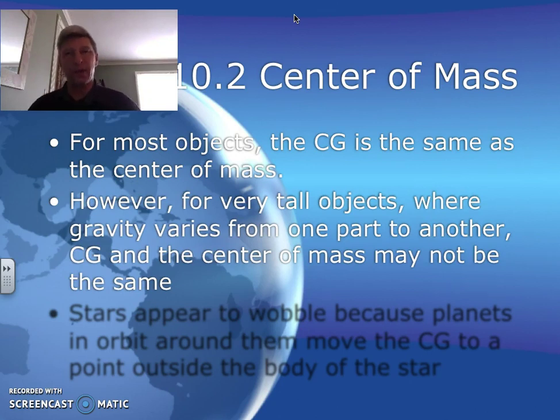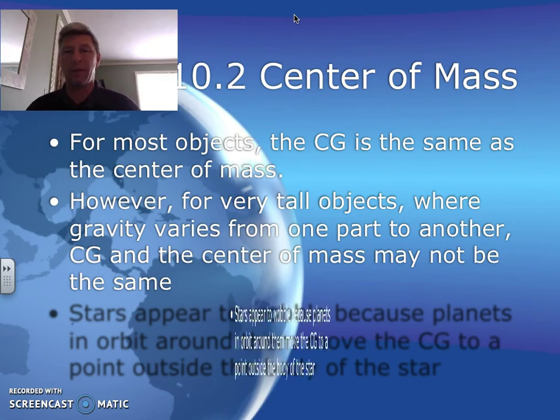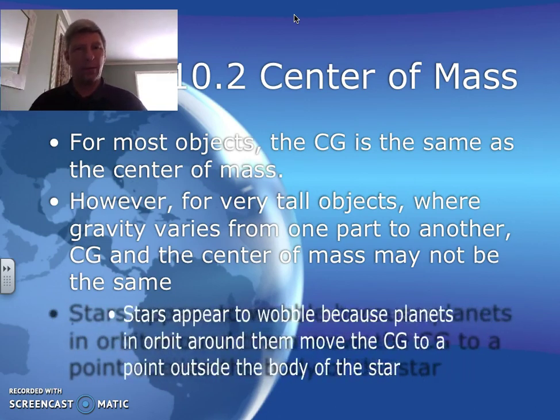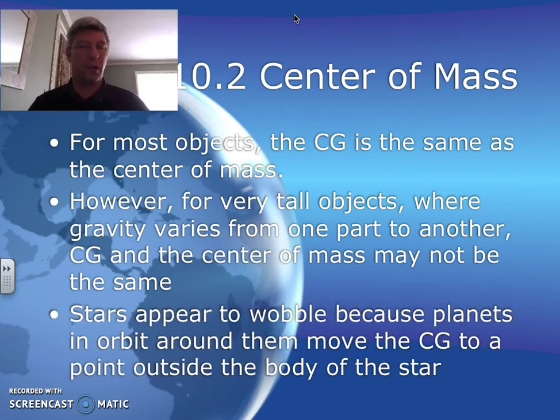The reason is that the bottom of the building is closer to the surface of the Earth, and therefore the gravitational pull on the bottom of the building is somewhat greater than the pull of gravity on the top of the building. And so the center of gravity may actually be a little bit lower than the center of mass of the building, because gravity is acting differently on different parts of the building.